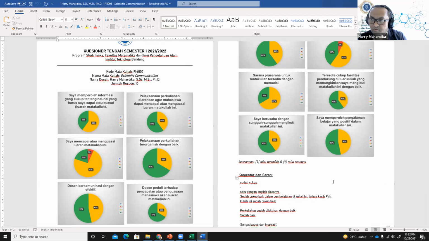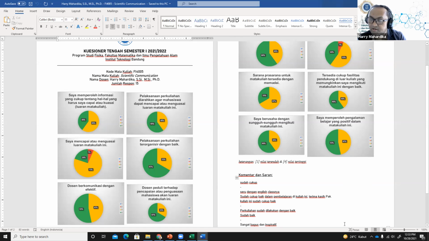depending also on how many students enroll in this class, because if the scientific communication class obtains more than 30 students, it means that the teacher needs to make some adjustments, not to do too many activities with 30 plus students.